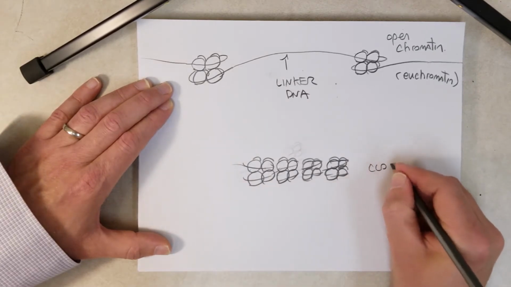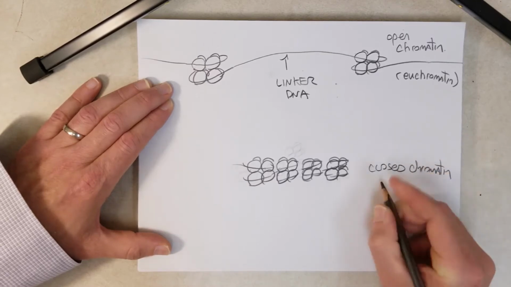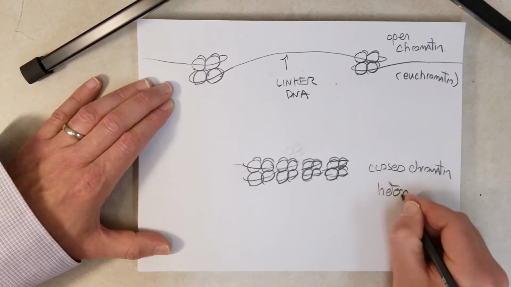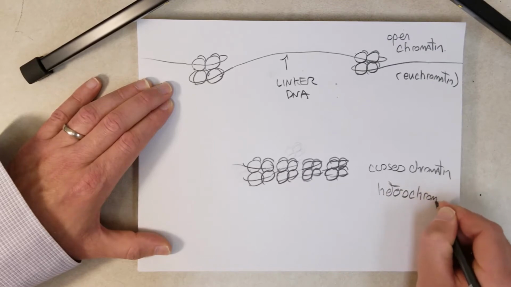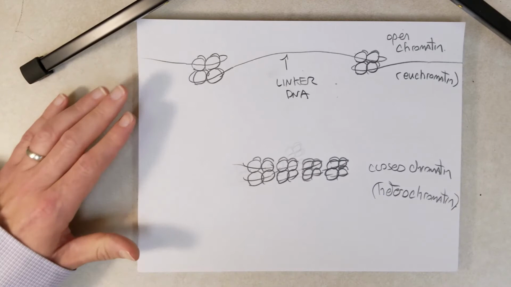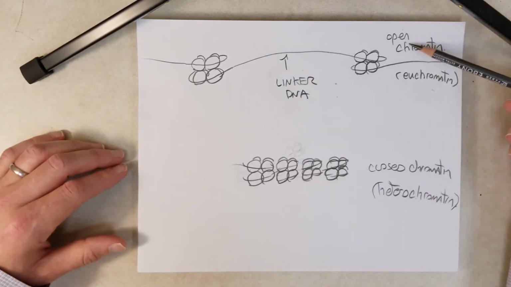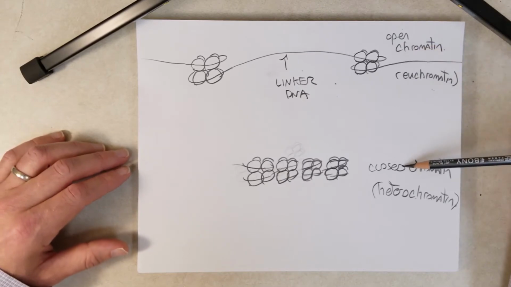Okay, so here we have closed chromatin, also called heterochromatin. So two terms here, euchromatin and heterochromatin, refer to open forms of chromatin and closed forms of chromatin.